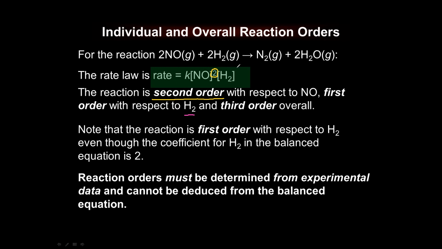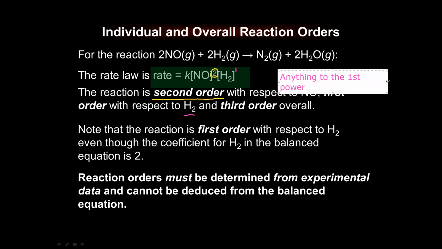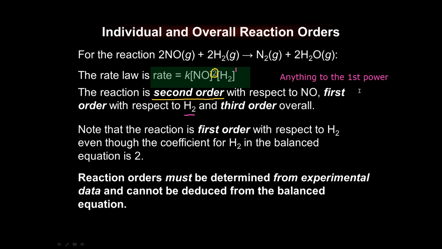And there's nothing there, but you can always have an invisible 1 in your head because anything raised to the first power is itself. We call this the identity. And so we don't write them in because that would just be a bunch of ones to have to write in all the time. So if you don't see a power, it's just first order. If you see another number, it's second order in that case.